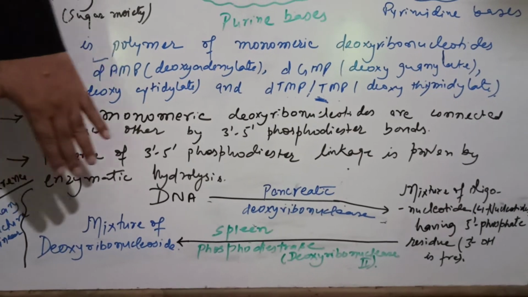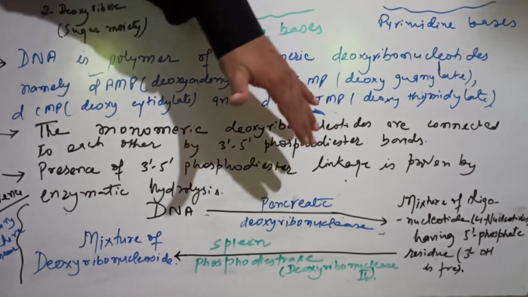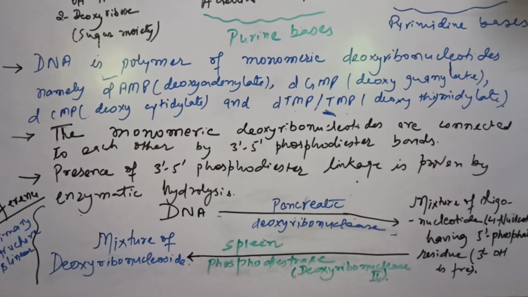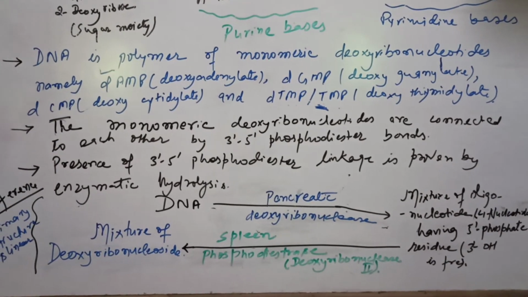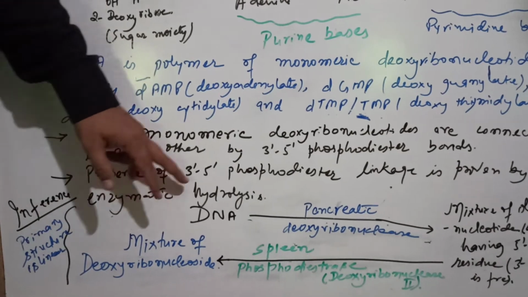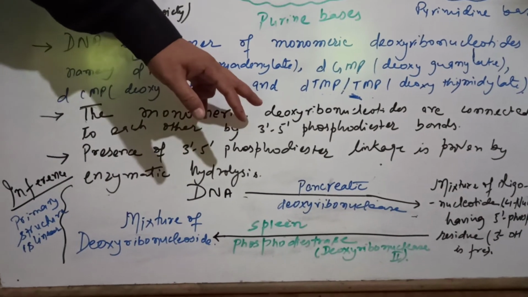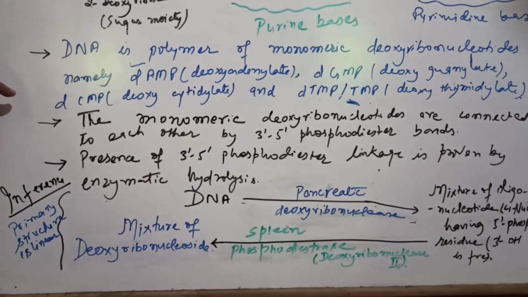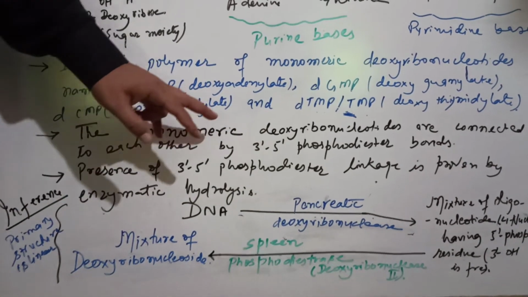The 3' 5' phosphodiester linkage connects two monomeric deoxyribonucleotides. The experimental verification of the presence of 3' 5' phosphodiester linkage in the deoxyribonucleotide strand comes from enzymatic hydrolysis.